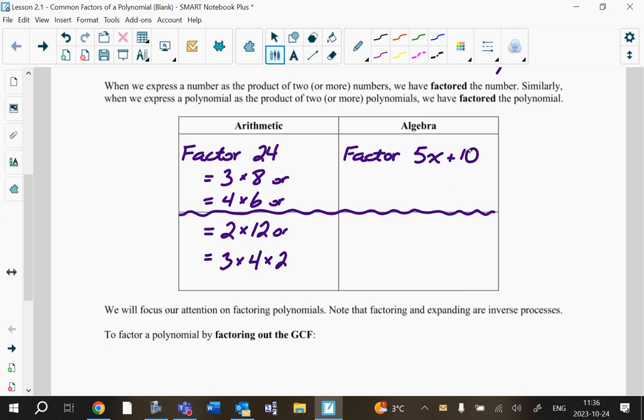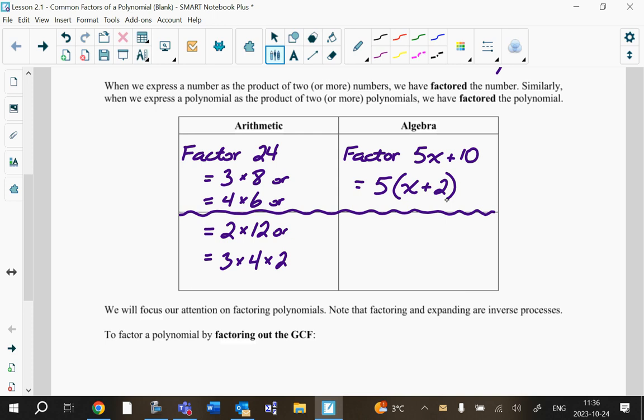I want to think of 2 expressions that when I multiply them together, I get 5x plus 10. I could multiply those 2 expressions together, because you guys know how to multiply. 5 times x plus 2 in parentheses, this binomial, is 5x plus 10.